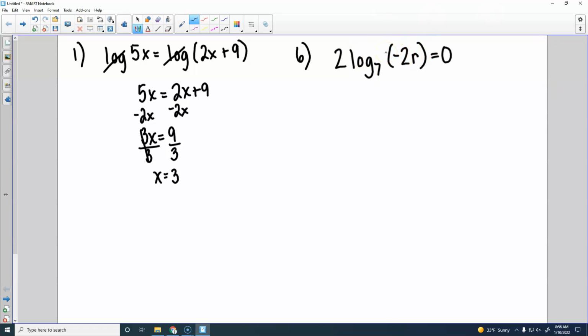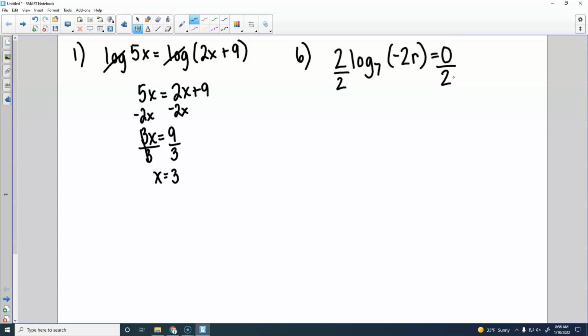We also don't have logs on both sides. So we want to try to get the log by itself so that we can get rid of it. You've got a couple options on what you can do. You can either bring the 2 in as a square, or you can divide both sides by 2.